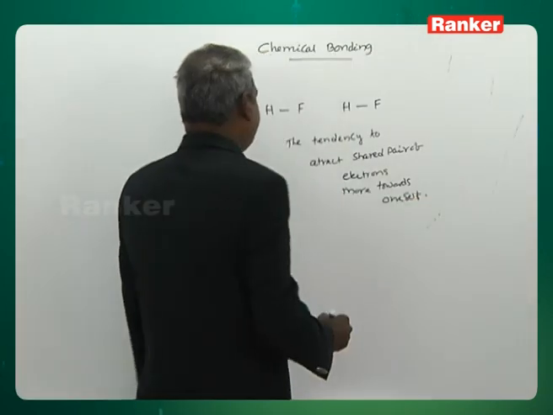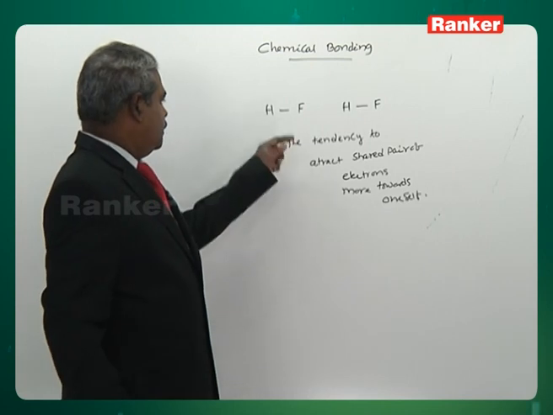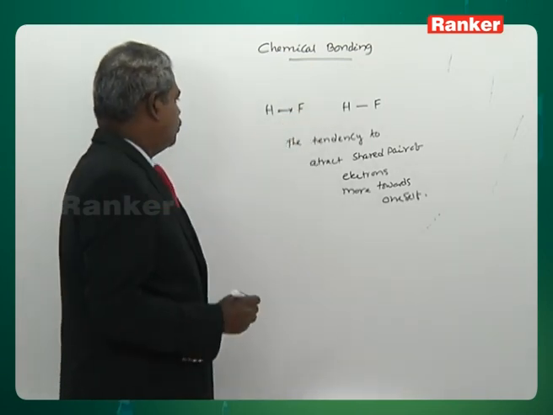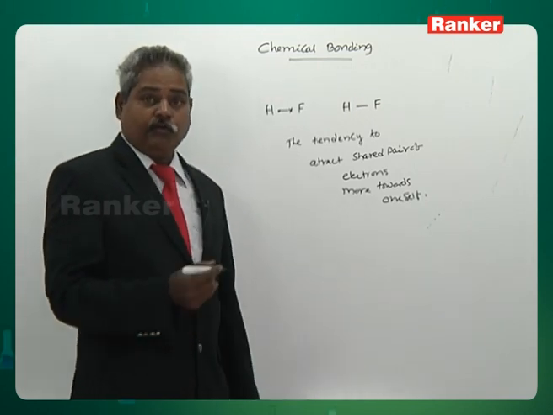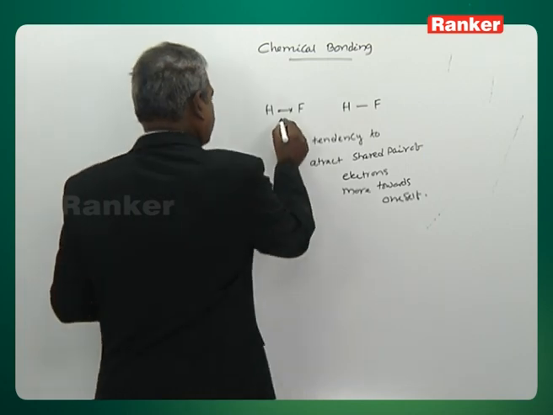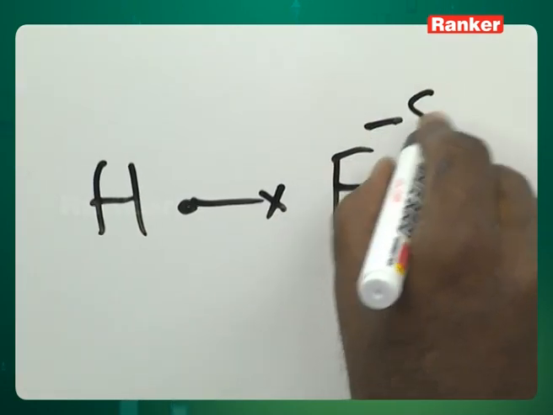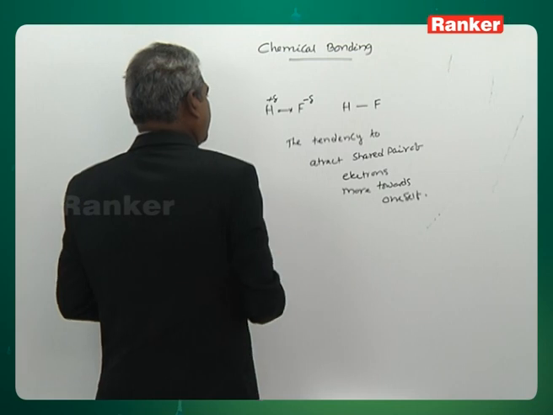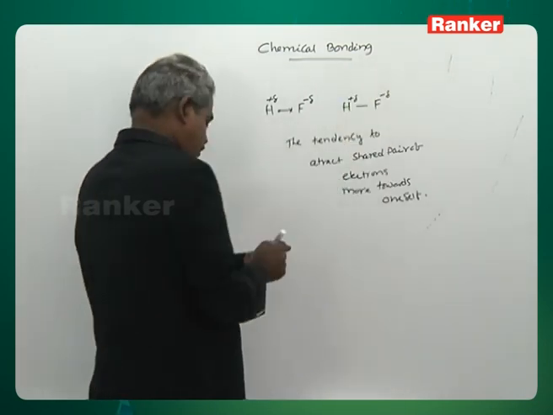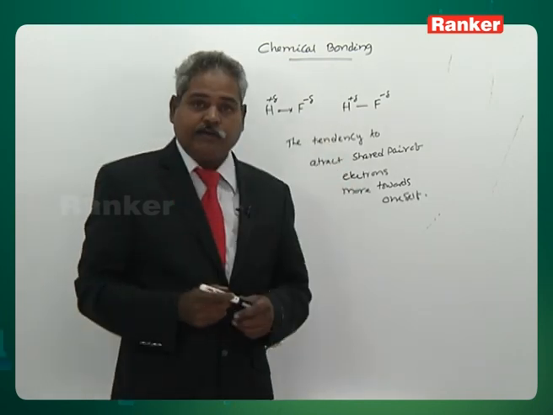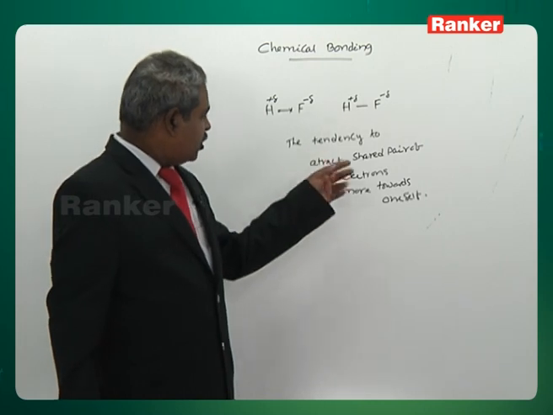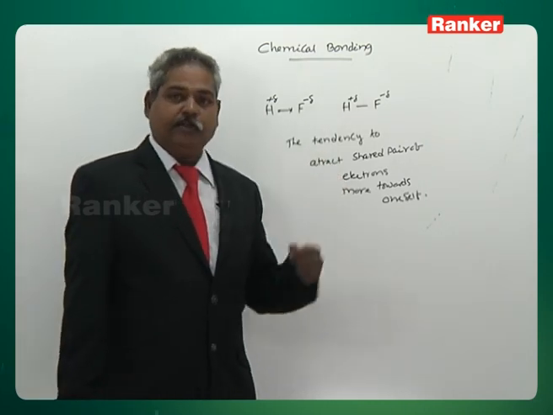To keep the shared pair more towards me. Here these two electrons belong to both hydrogen and fluorine equally, but fluorine wants to enjoy a lion's share of it. Therefore, it becomes minus delta and plus delta, and in the other molecule, this fluorine is also minus and hydrogen plus. We are defining electronegativity very late, in the sense that we saw the trends in electronegativity in the periodic table itself.